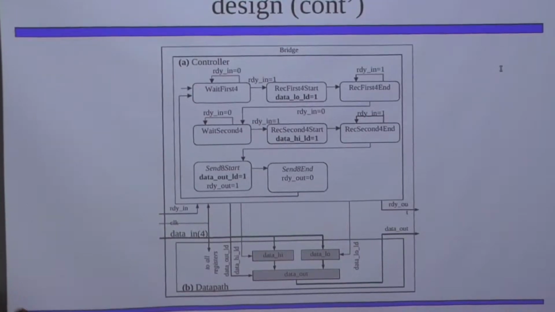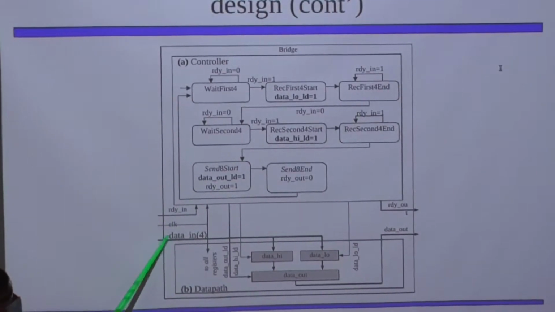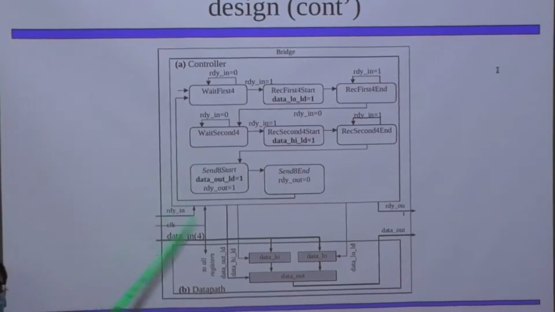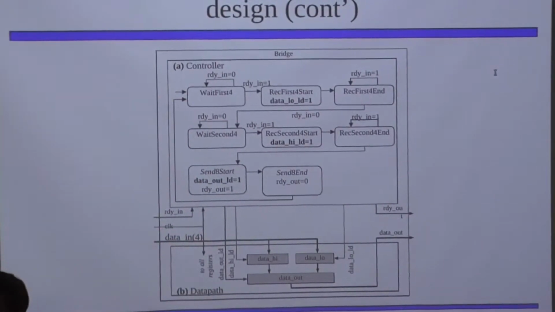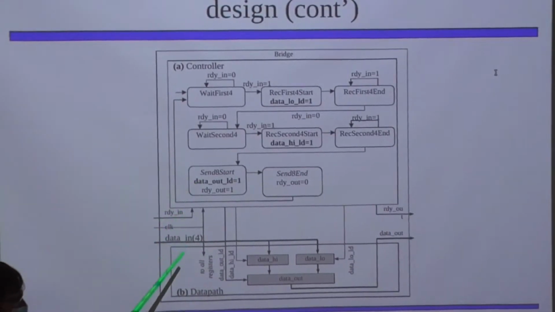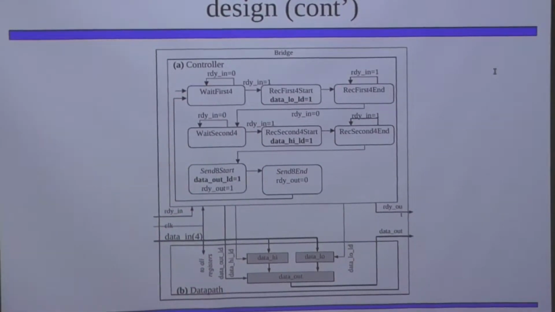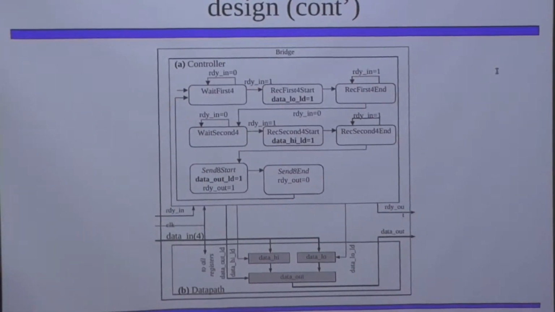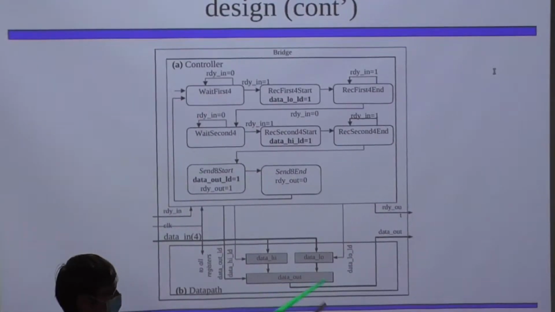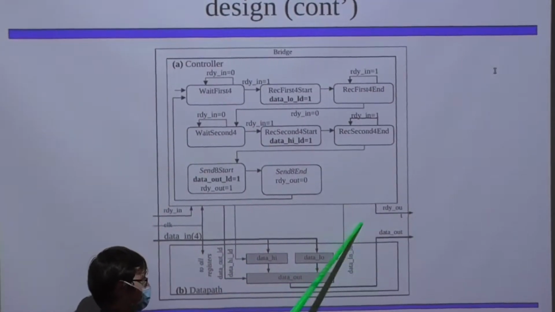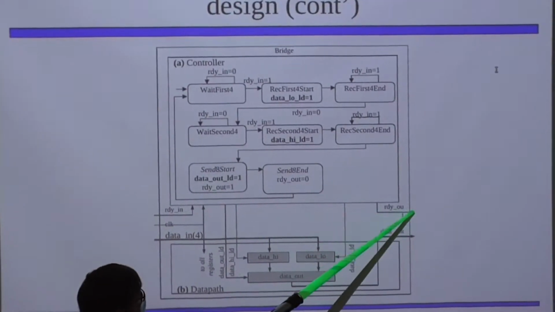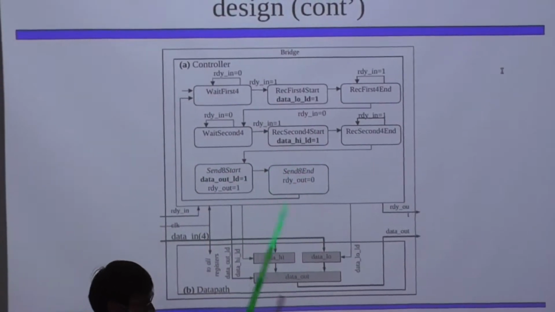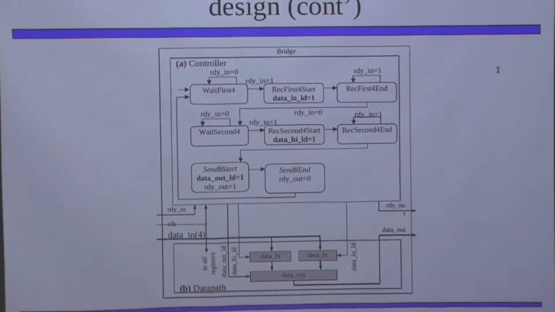The data that's coming in does not need to touch the controller. There's no reason for it to enter the controller module. And there's no reason for the ready-in signal to touch the data path module. In this case, both the data and the control signals are more separated than they were in the last example. So we have our data coming out of our data out register, and we have the ready out signal coming out of the controller.